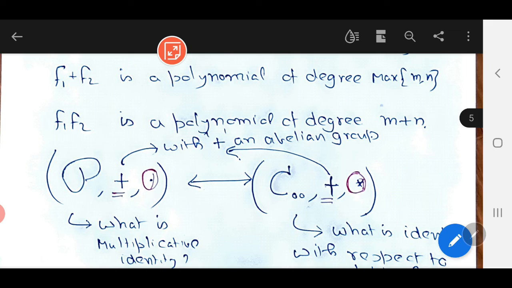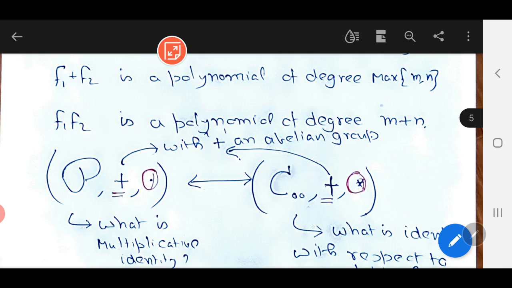So polynomial multiplication is identified with the convolution operation in the C00 sequence space. Clearly, with plus, both script P and C00 are abelian groups. But with regard to this dot operation, which I encircled with the red ballpoint pen, that is an operation, you can easily find a multiplicative identity in polynomials, that is the constant polynomial 1.